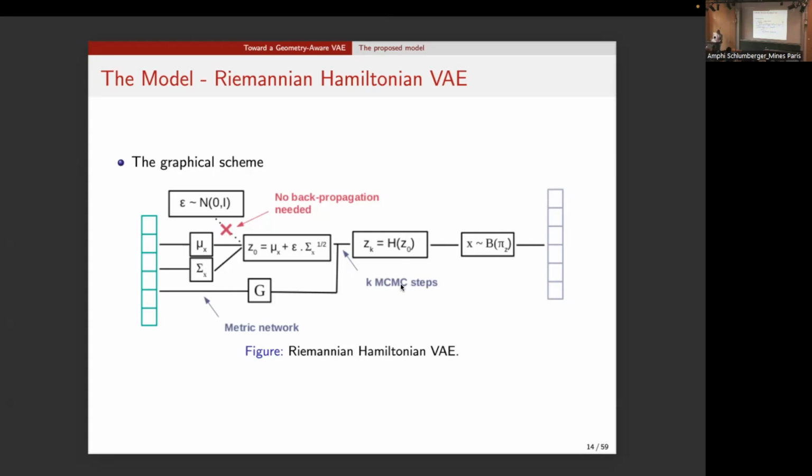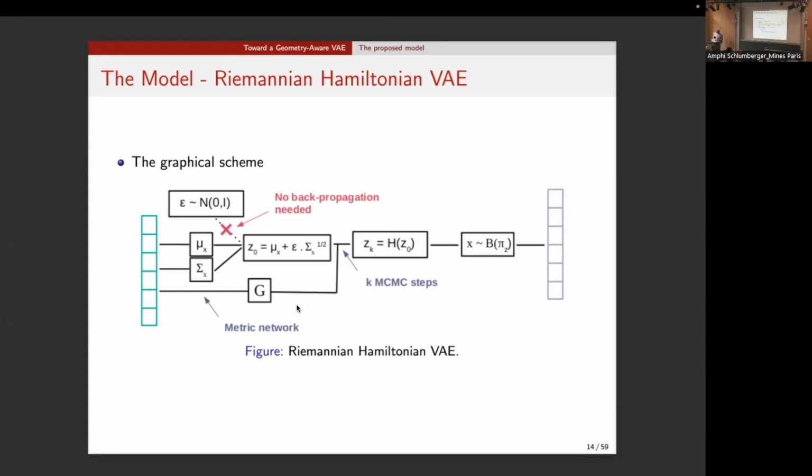So I do my MCMC steps, several Monte Carlo steps with the Hamiltonian Monte Carlo sampler. This Hamiltonian Monte Carlo sampler depends on the metric that I'm currently learning. And at the end, this ZK will be decoded so that my output here should look like the input there.